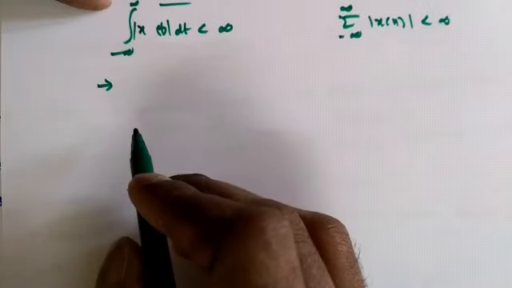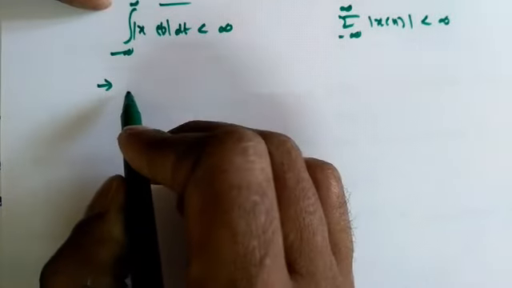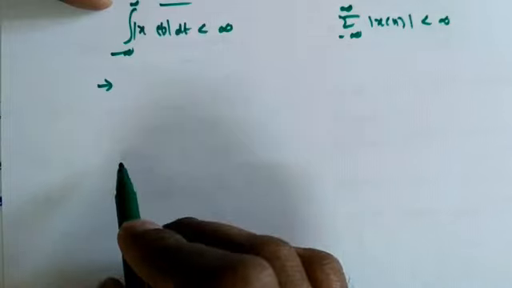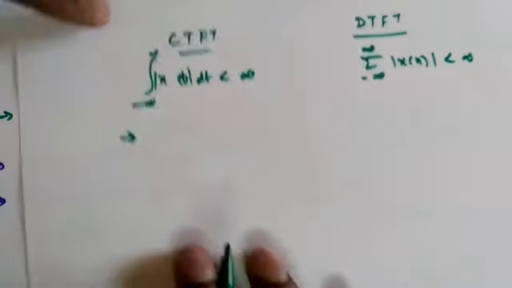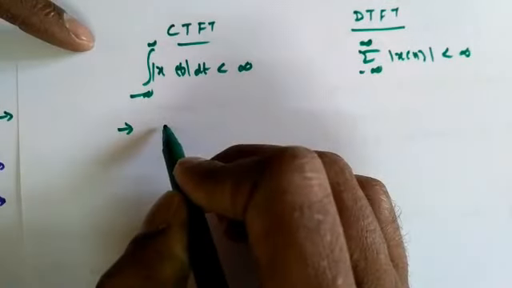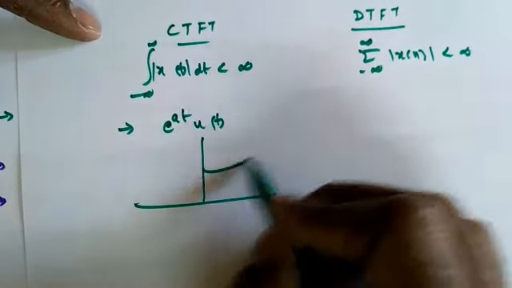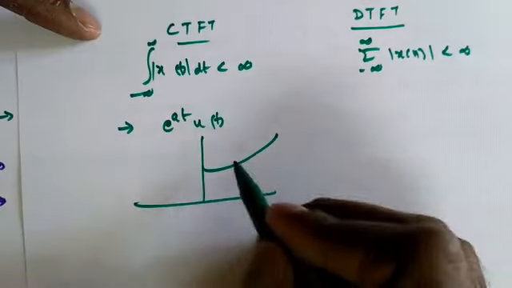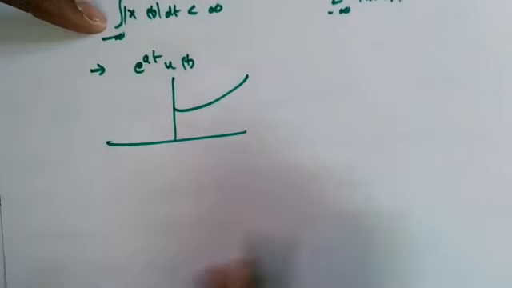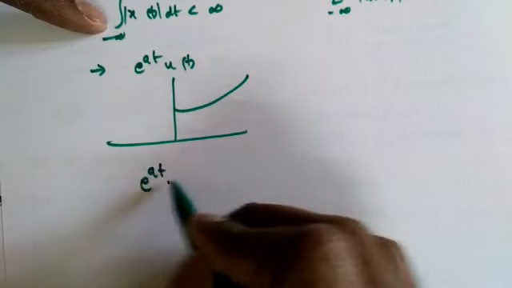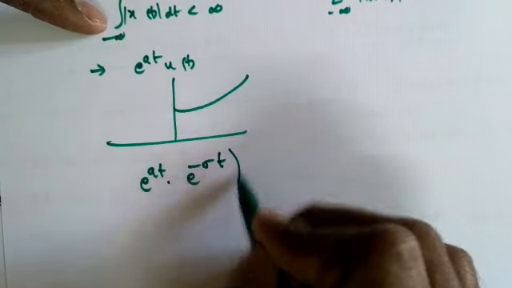Whereas the Laplace transform is applicable to unbounded signals also, that we discussed. Suppose some e power at u of t. It will not have the Fourier transform, but it will have the Laplace transform, because this e power at is multiplied with some e power minus sigma t.